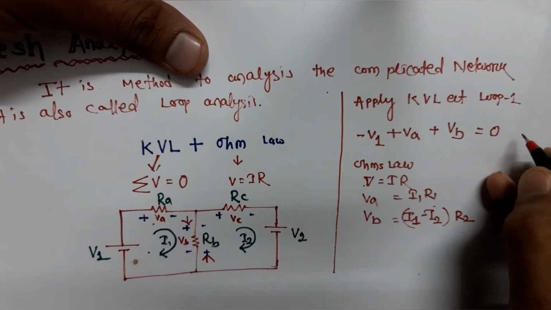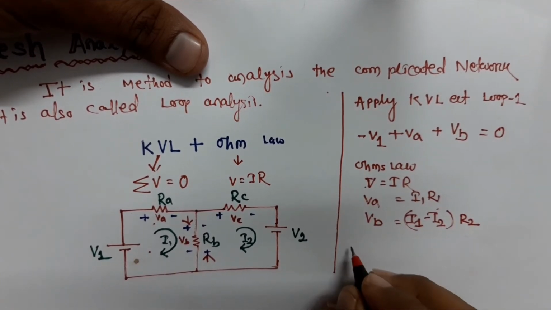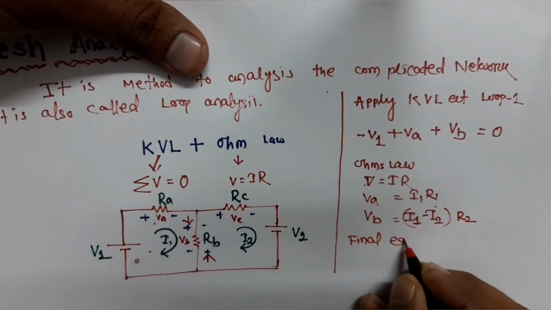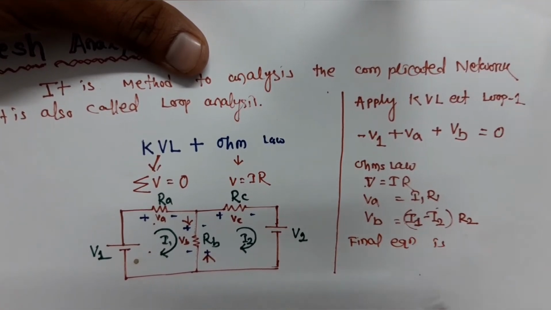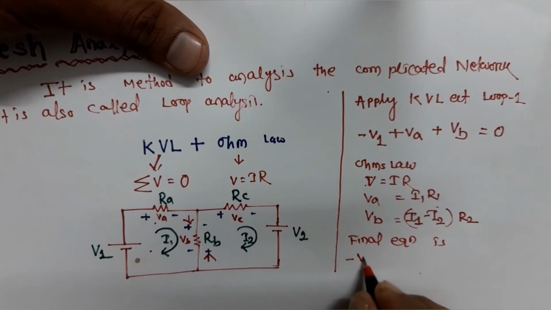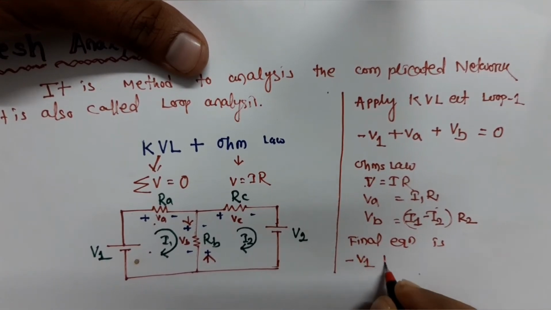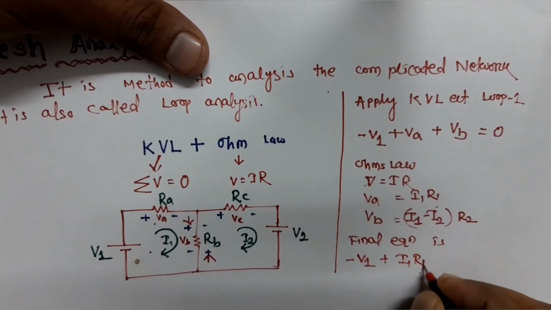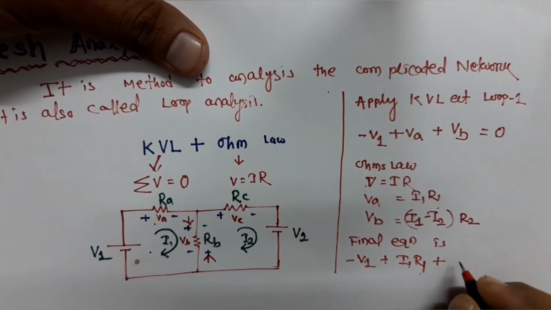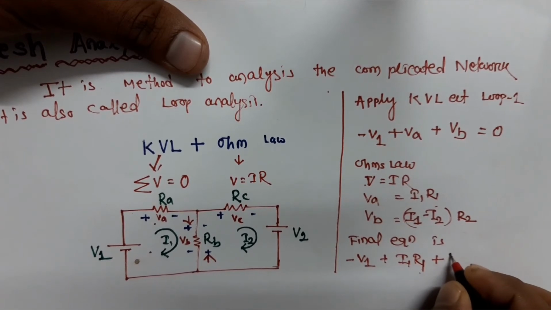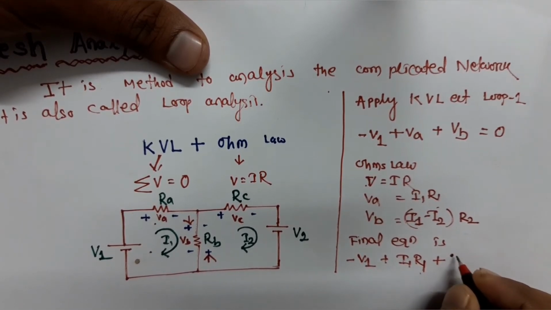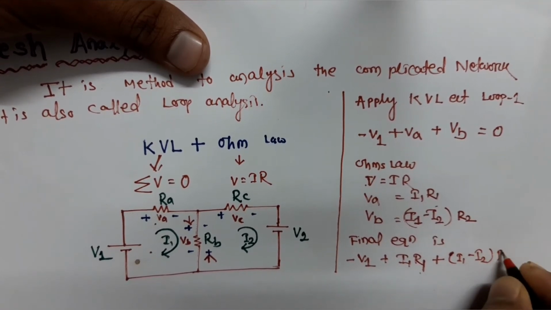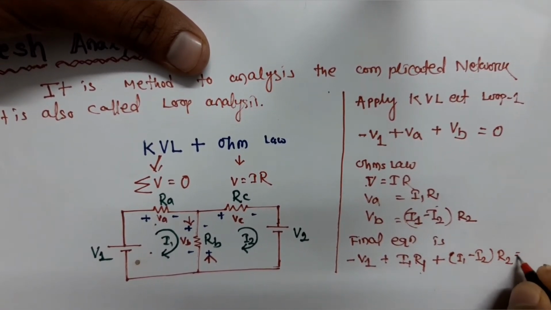Then we put it in the equation. The final equation is minus V1 plus, we put VA equal to I1 R1, then plus I1 minus I2 into R2 equal to 0.